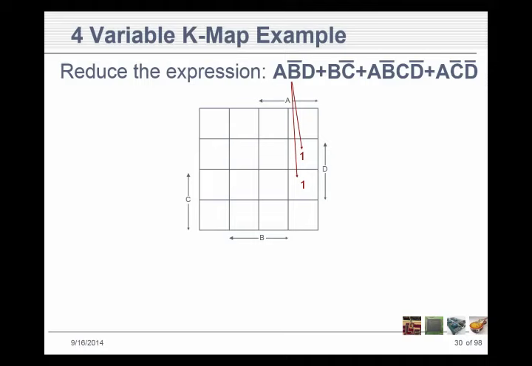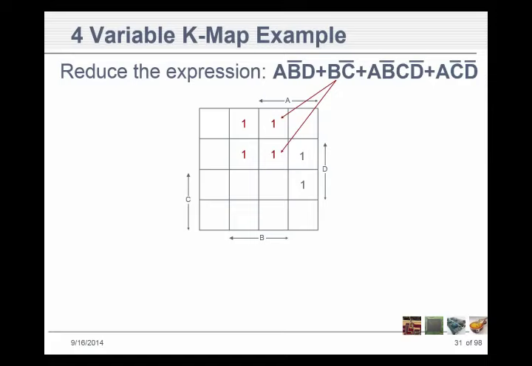Okay, the next one. We have B and not C, and because we only have two variables, that's going to take up four cells, and that would be those. The B domain is the two center columns, and the not C domain is the first two rows.